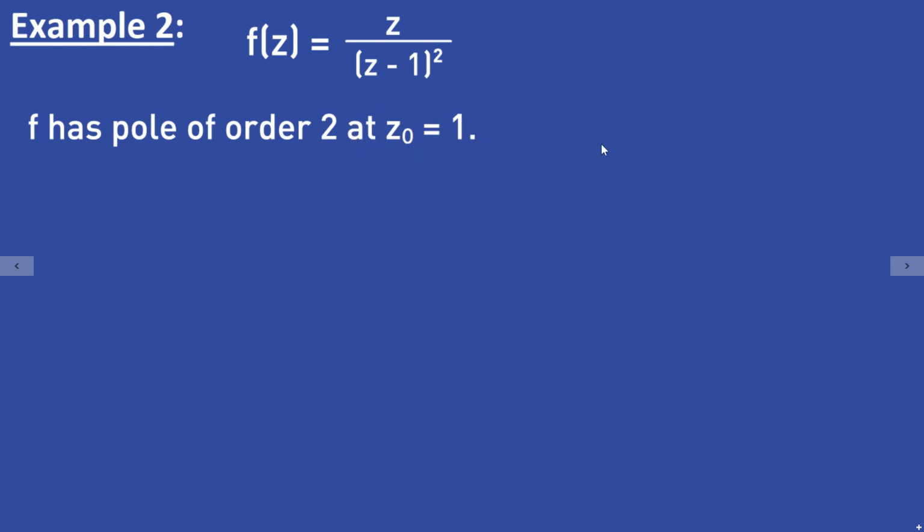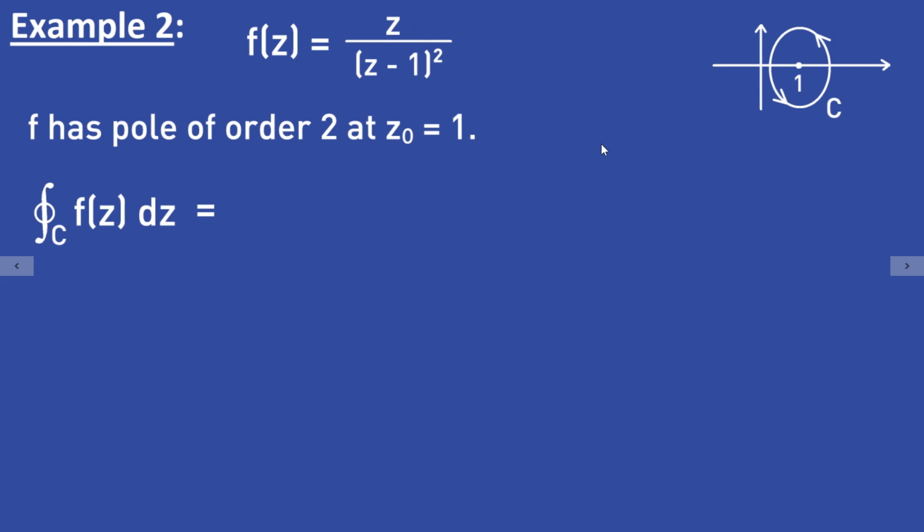We want to evaluate the curve integral of f along that curve C. So the curve C looks like that. The curve C is positively oriented and simple closed. It has the pole of order 2 in its interior. That means we can use the residue theorem to evaluate the curve integral.